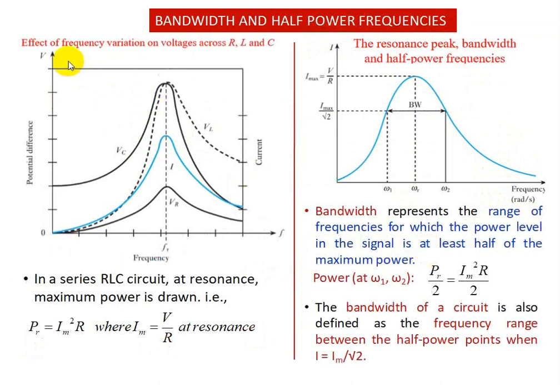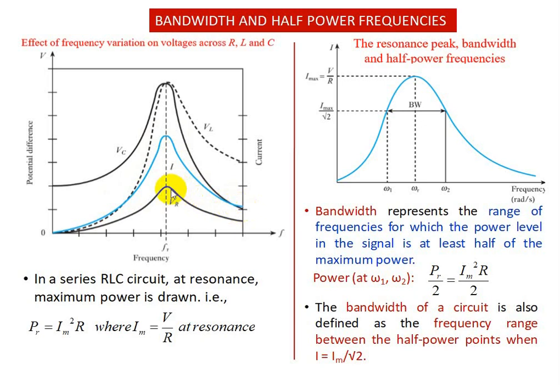Coming to the effect of frequency variation on voltage across R, L and C. If you see this voltage versus frequency curve, current in the circuit varies like this: it increases, becomes maximum at resonant frequency, and again reduces with the increase in frequency.